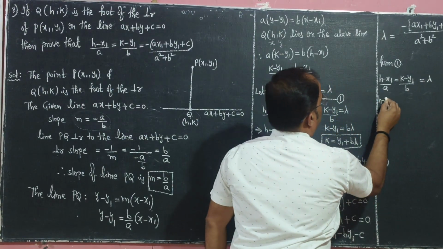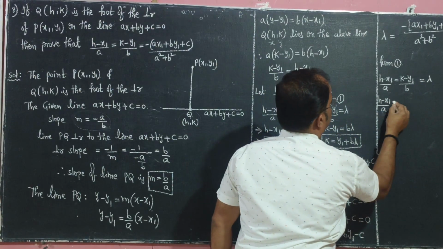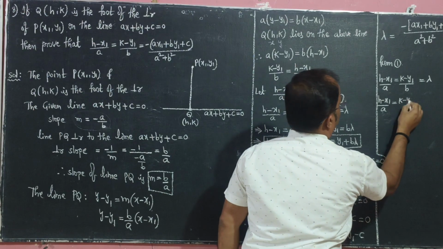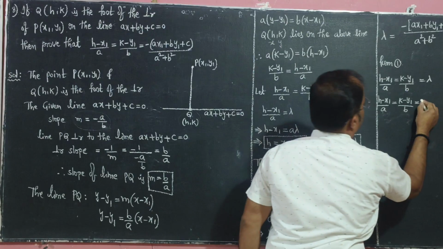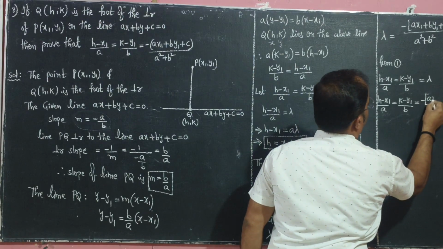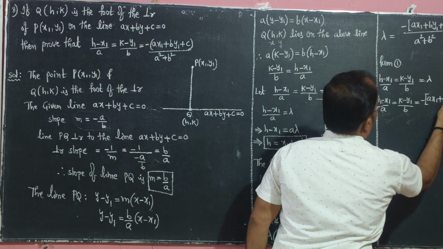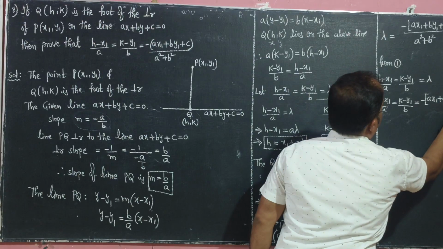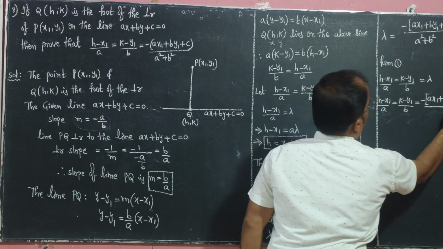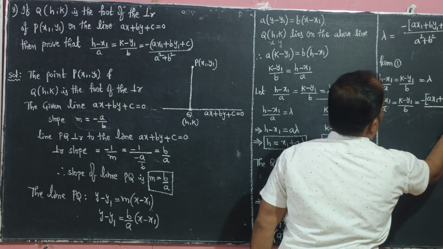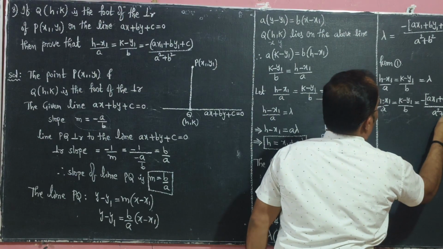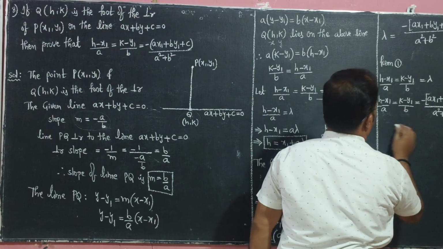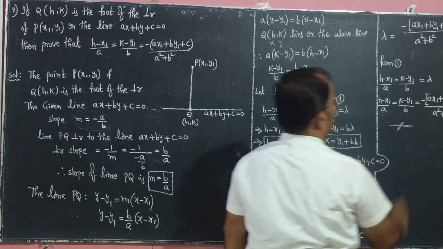So h minus x1 by a as it is, k minus y1 by b as it is, and substitute the lambda value. What is the lambda value? Minus of (a x1 plus b y1 plus c) by a square plus b square. Right? So this is the theorem and it is proved.